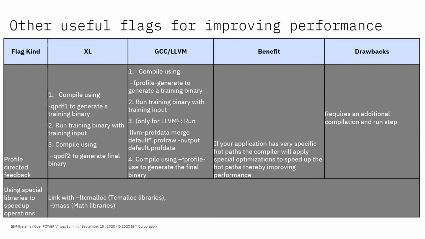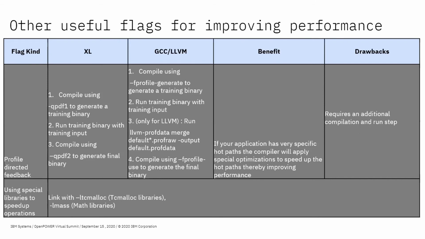So profile directed feedback helps quite a bit in those cases. The only downside to profile directed feedback is you'll need to do an additional compile and run step with a smaller input, so that you generate the profile and the compiler gets to know which are the hot paths that are run most of the time, and so that it can redirect its efforts to optimize only those paths.